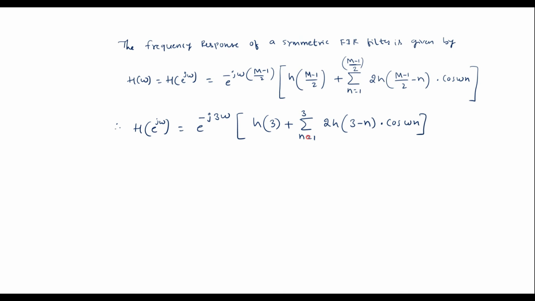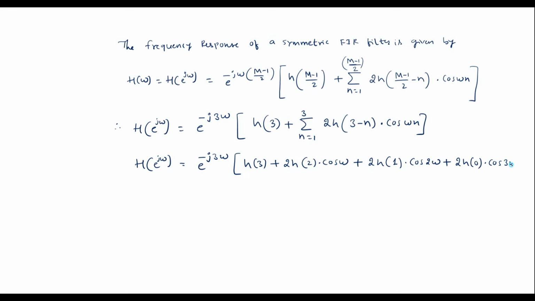So solving for different values of n, H of e power j omega is equal to e power minus j 3 omega times h of 3, plus for n equal to 1, 2h of 2 into cos omega, plus for n equal to 2, 2h of 3 minus 2, which is 1, into cos of 2 omega, plus for n equal to 3, cos 3 omega.